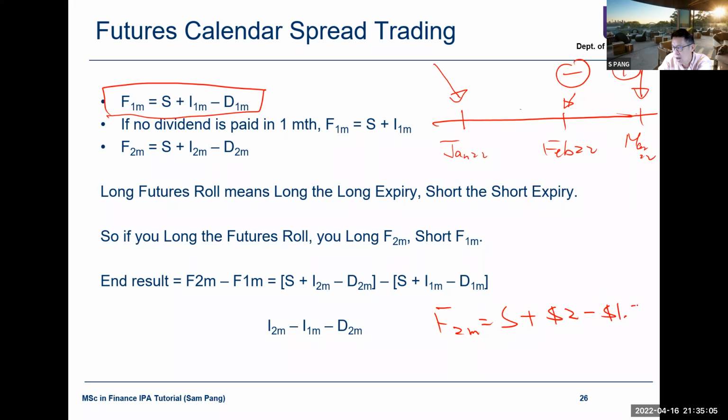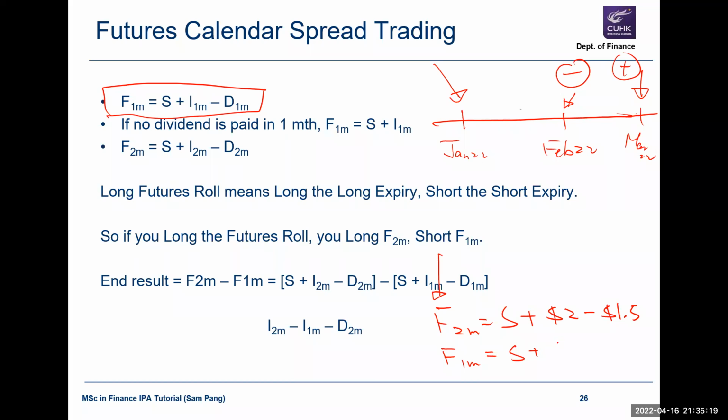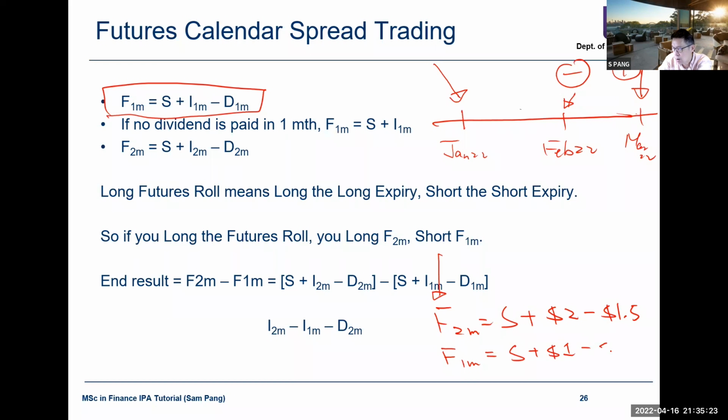This is simply pricing the futures. And then today, the 1 month futures at the same time is the spot price plus the 1 month interest cost minus the 1 month dividend. But I said there's no dividend in 1 month. So if you long this, then you have to pay this. If you short this, somebody will pay you.